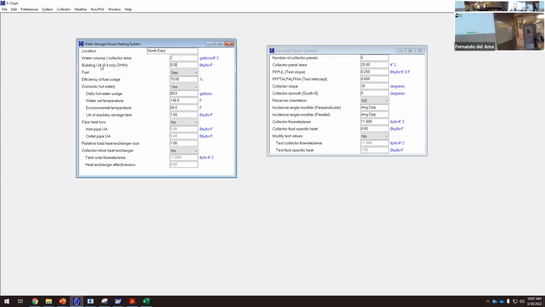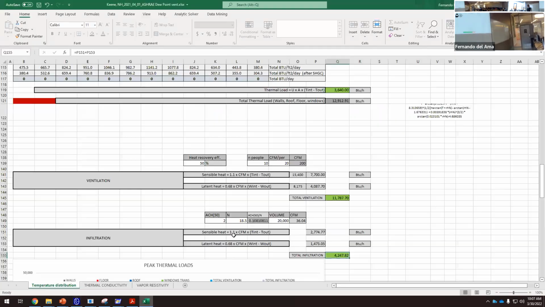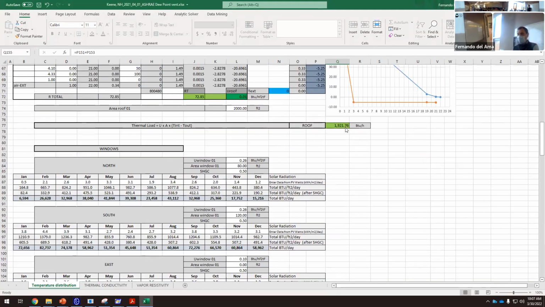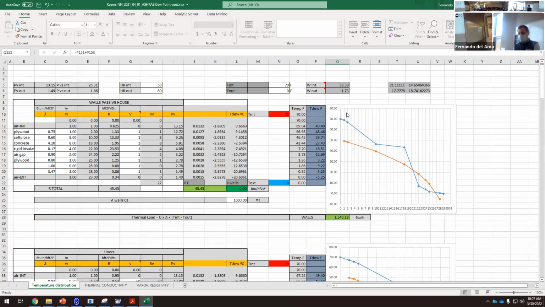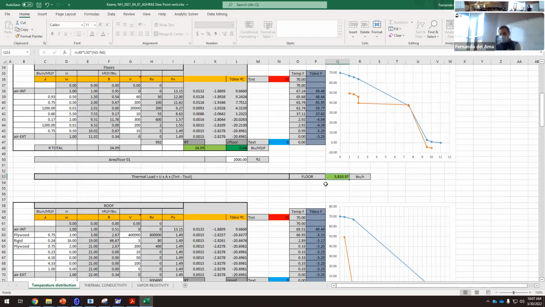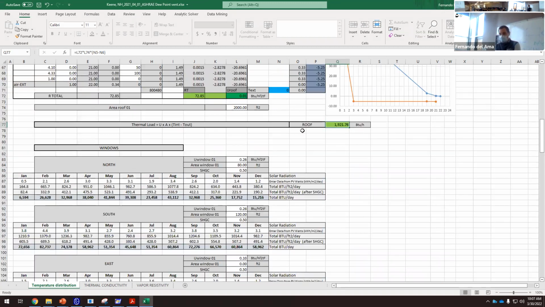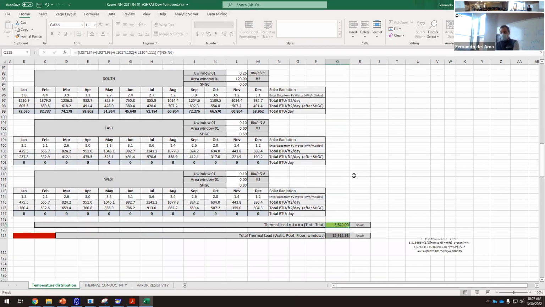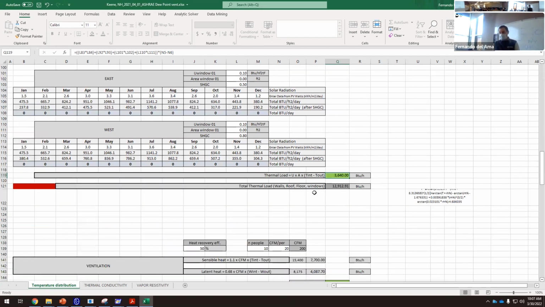So how can we do it? In the Excel file, we have all the values here. This is the heating load through the walls, through the floor, through the roof, and through the windows. And here we have the total thermal load through the walls, roof, floor, and windows.